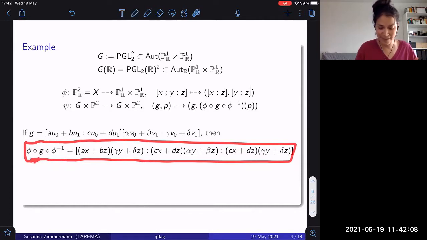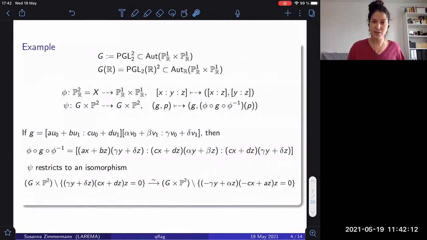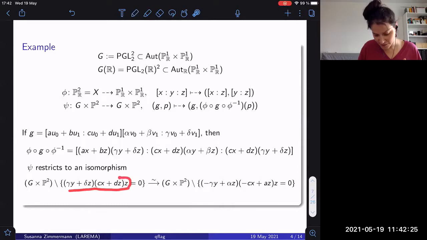lines. And in fact, you can just compute which lines it contracts. That's exactly the determinant of the derivative of this map. Okay, and that's this polynomial. So you can check, each of these equal to 0 gives you a line which is contracted by this birational map.